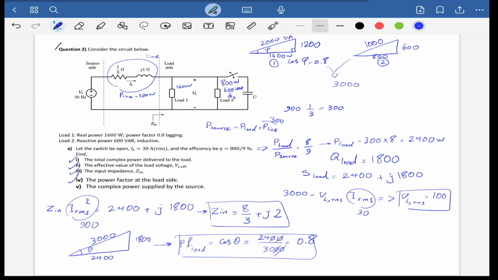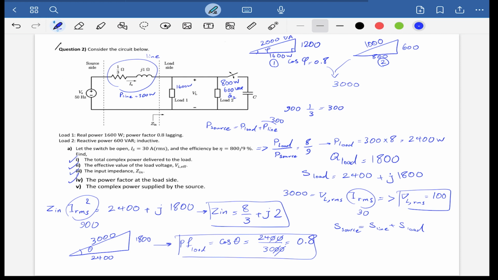The complex power supplied by the source. Well, the source complex power, which means S of source, is equal to S of line plus S of load. How can we find it for the line?